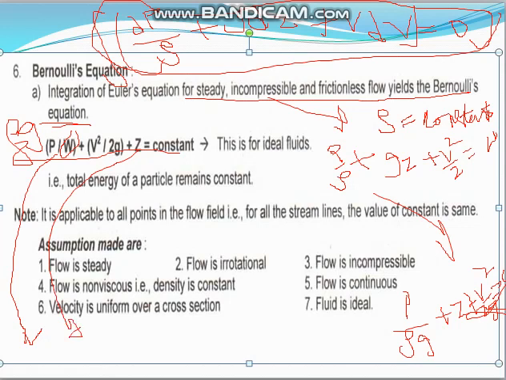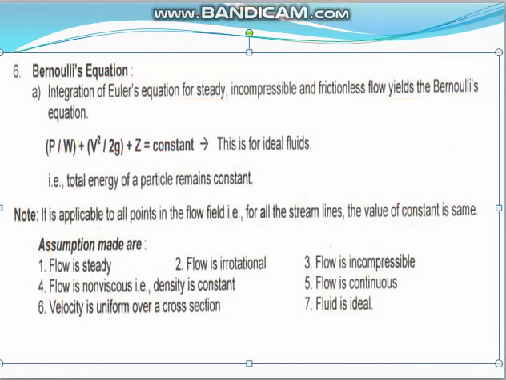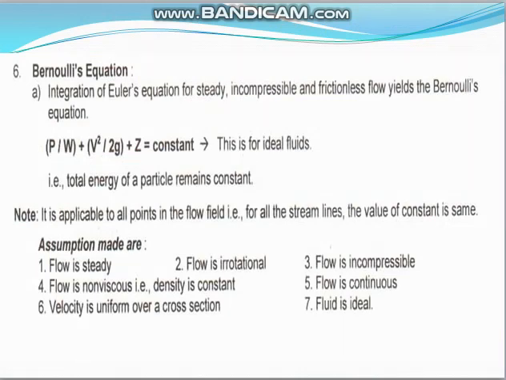So this is the equation for ideal fluids. Simply we can say there are three terms: one is P by rho g, another is V square by 2g, and another is z.